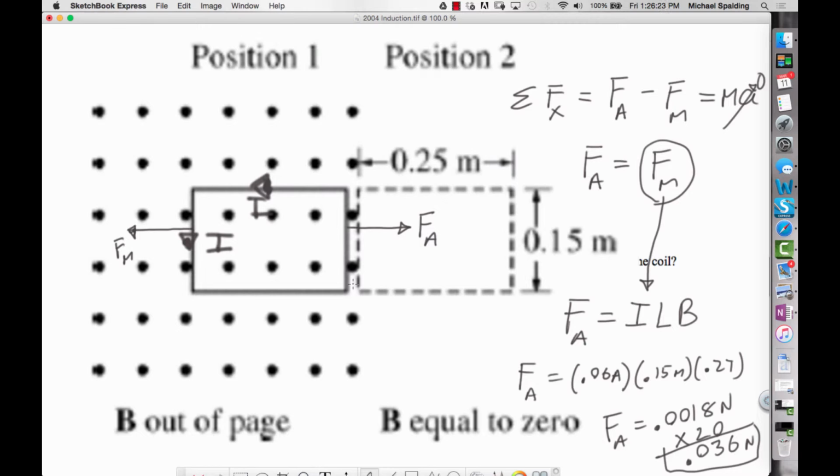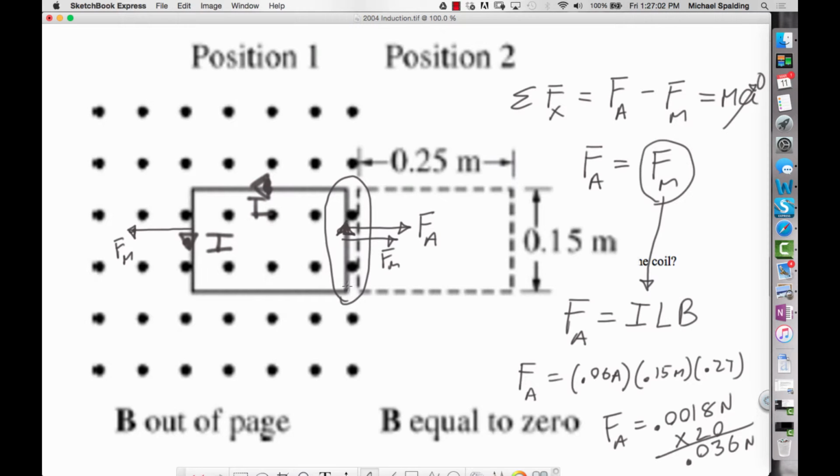Yeah? Why isn't it on the right side of the loop? There's also a magnetic force. Oh, good question. There would be, but I think the idea is pretty much this right side of the loop, as soon as the loop gets pulled slightly, so let's see, which way would the force, there would be a force magnetic there, because the current is going to be going up, so do right-hand rule, so the force magnetic is going to be this way, but the thing is, they have this set up such that as soon as the loop starts to move, this portion of the loop exits the field, right?